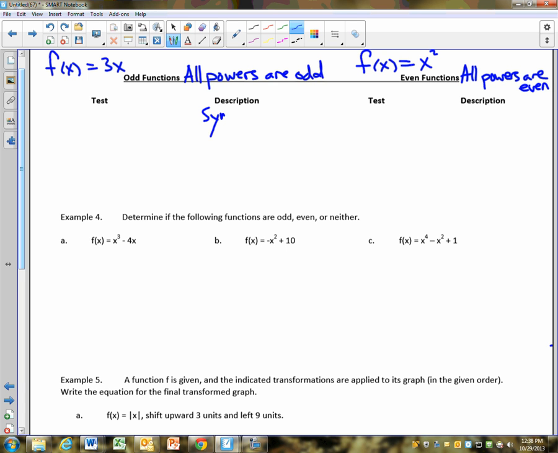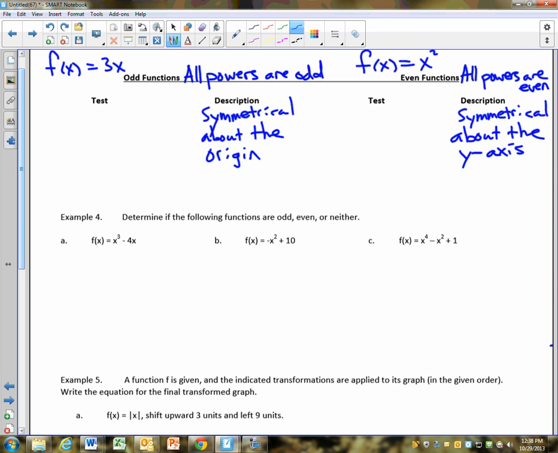Odd functions are symmetrical about the origin. Even functions are symmetrical about the y-axis.